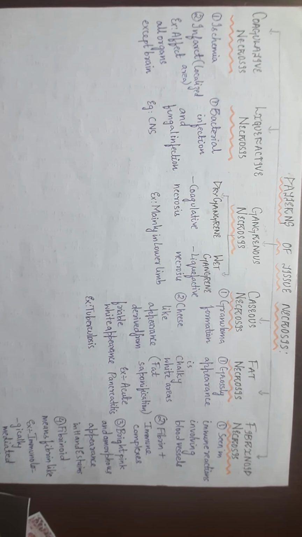In coagulative necrosis, what is happening? Ischemia is happening. That is, the blood flow is getting reduced. The area in which this coagulative necrosis is taking place is known as infarct, and it affects all the organs except the brain.